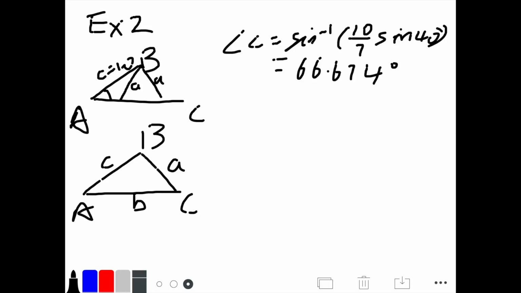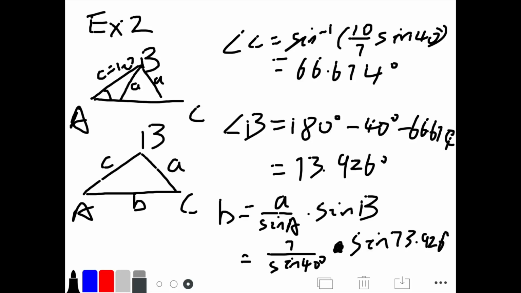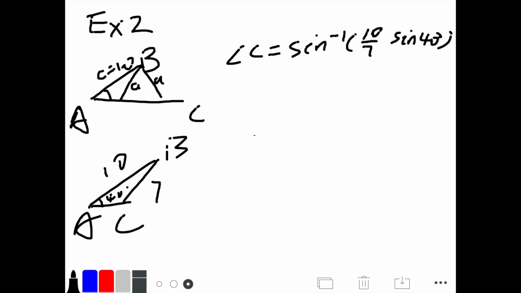And then we can solve the angle B, which is 73.926 degrees, and then we can solve b, which equals a over sin A times sin B, which is 7 over sin 40 degrees times sin 73.926 degrees, which is 10.464. Then let's talk about the second situation.